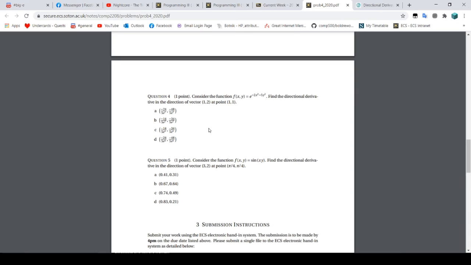If I just go back to the last question quickly, you do minus 20, which is the answer that I got, divided by 1 plus 4, you get minus 4 over root 5. What? Okay, I don't think that helped.